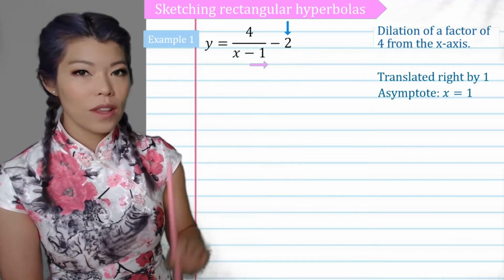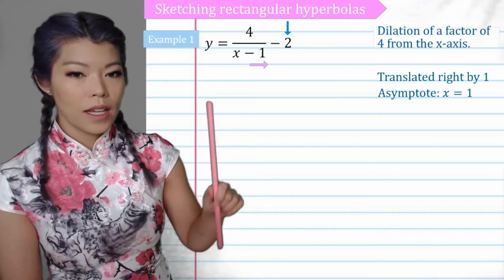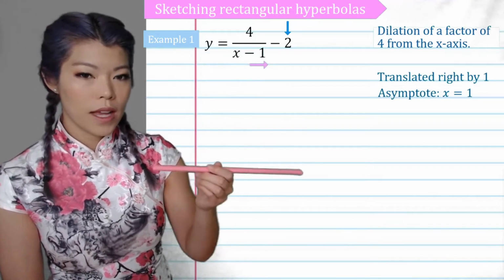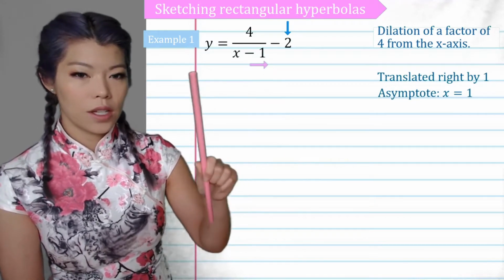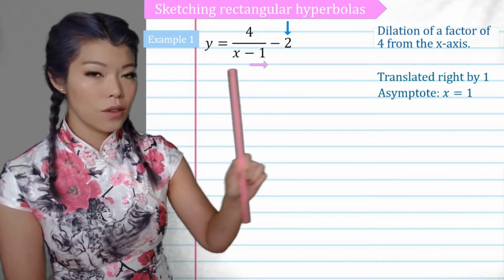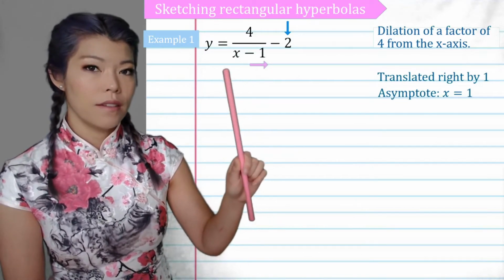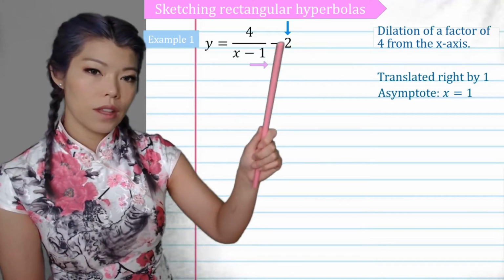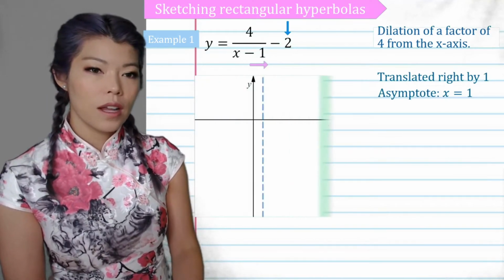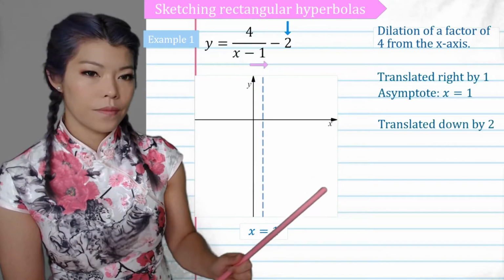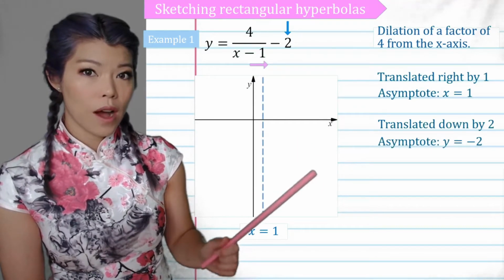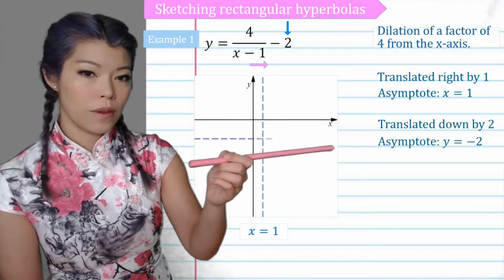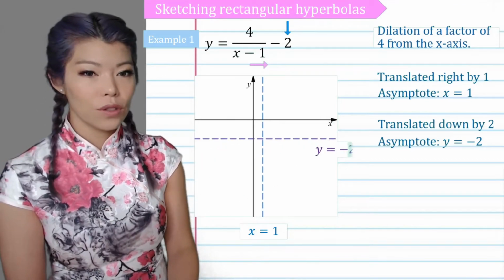If you forget whether it's x or y equals 1, just remember, you're moving this way, that line doesn't change, but that line changes, and those lines are x equals a value. So the vertical translation gives us an asymptote of y equals -2, because we've been moving down by 2.